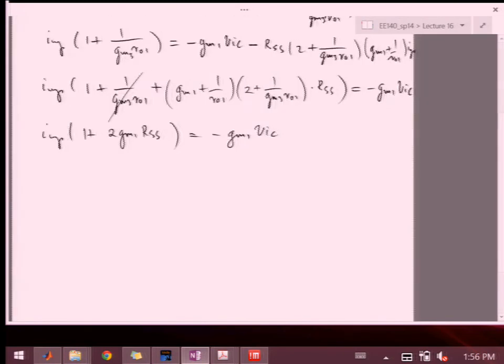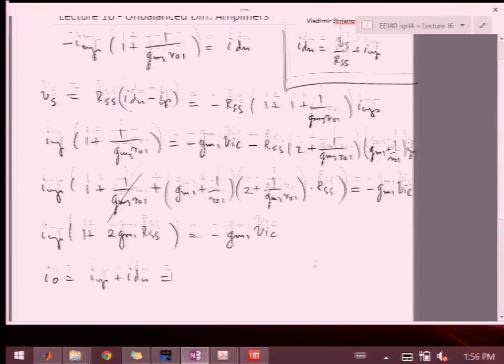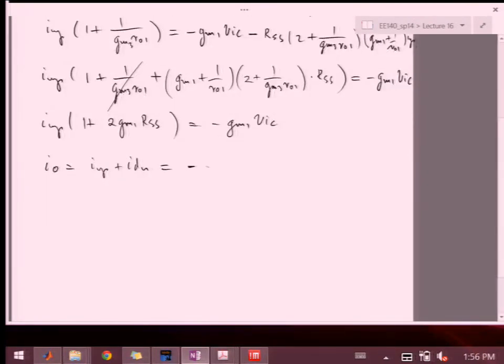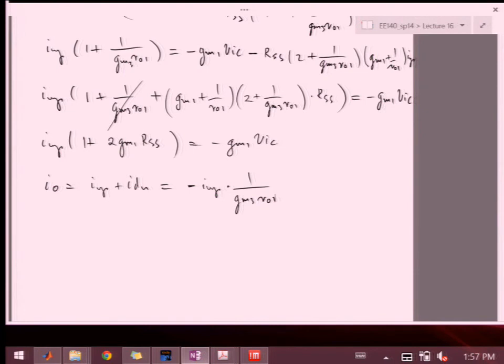So now we have that IO equals I up plus I down. And we can write, and that is because of this, when I cancel this one, then that will just be minus I up times 1 over gm3 ro1. You see, it was also important here that I did not neglect this piece and say that I up equals I down. Because if I did, then common mode rejection ratio will be infinity, right?